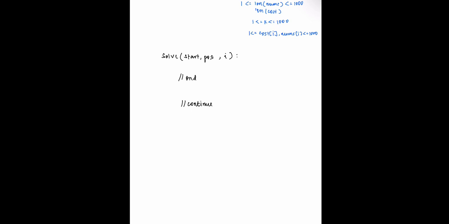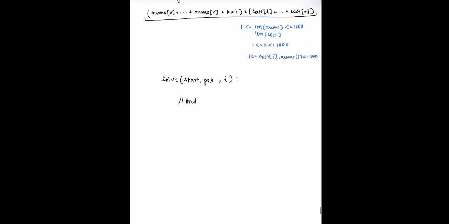Now, let's think about the end case. The cost of this would be nums 0 till nums pause. So you're ending it here, right?